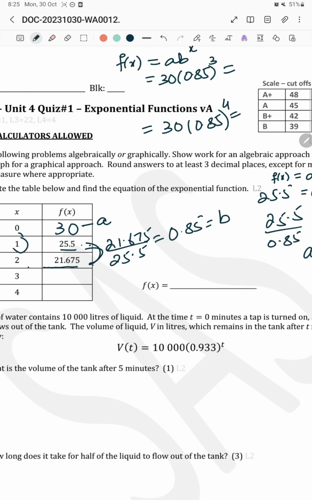So let's calculate it. 0.85 to the power 3 multiplied by 30 is 18.42375. 0.85 to the power 4 multiplied by 30 is 15.66.